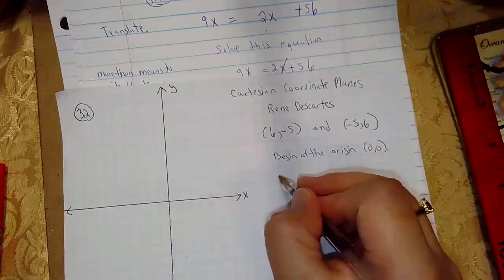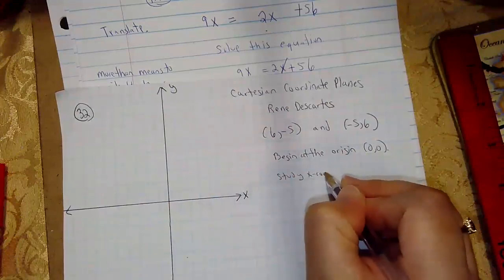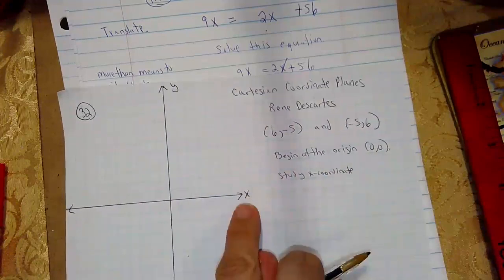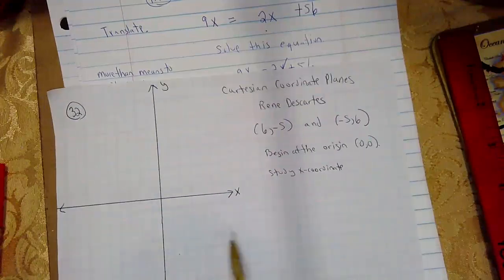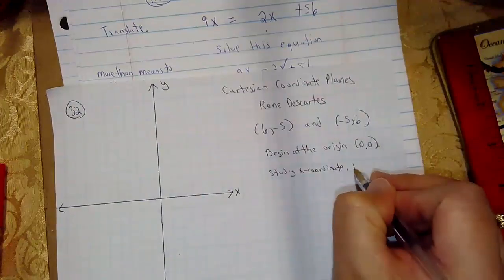And then you study your x coordinate. You see your x-axis here, and this is in alphabetical order. You have to work with your x-axis first, and then after that, you work with your y-axis. You move for that point, and then you can actually plot the point.